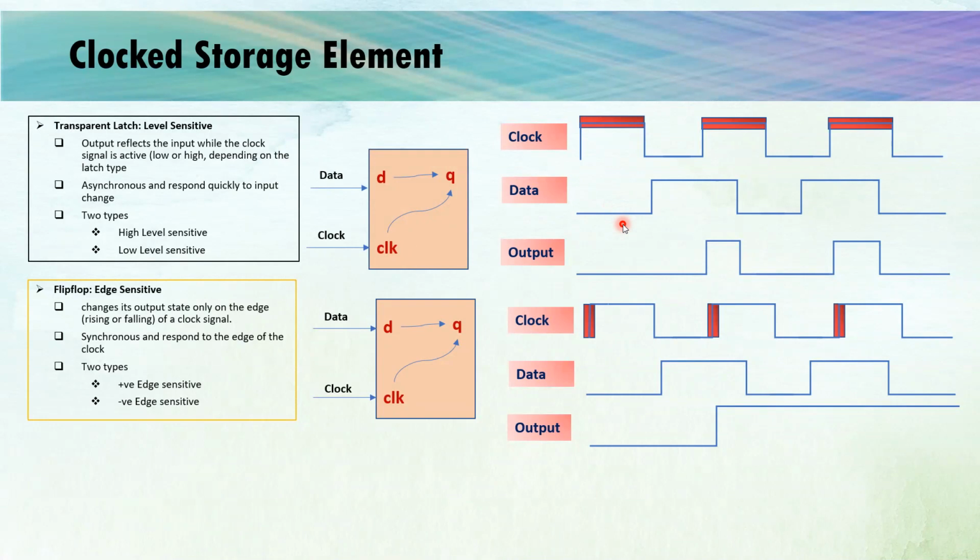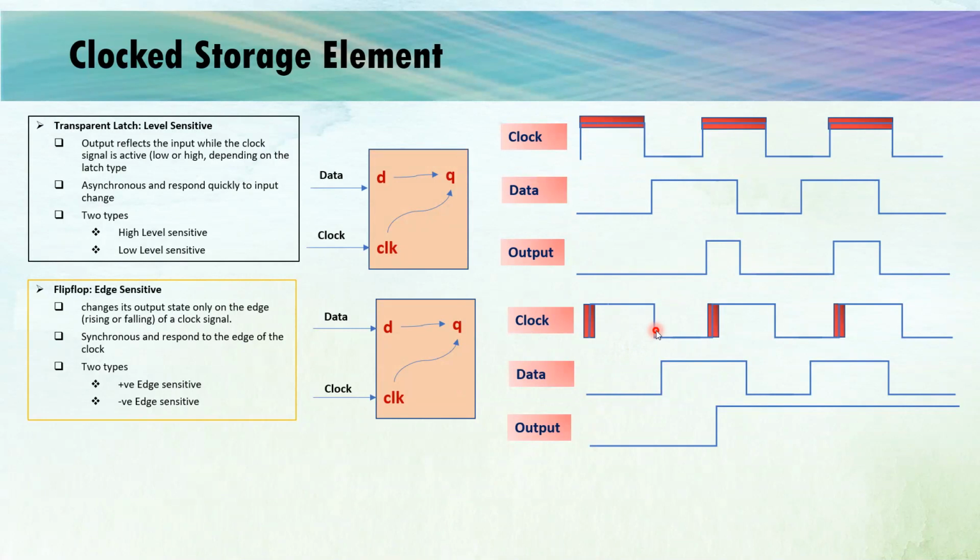Now we'll come to the flip-flop, which is edge sensitive. A flip-flop is a synchronous digital circuit, which means that it changes the output state only at the edge, either the rising or the falling edge of a clock signal. As you can see in this example, the flip-flop that we have taken is a rising or positive edge triggered flip flop.